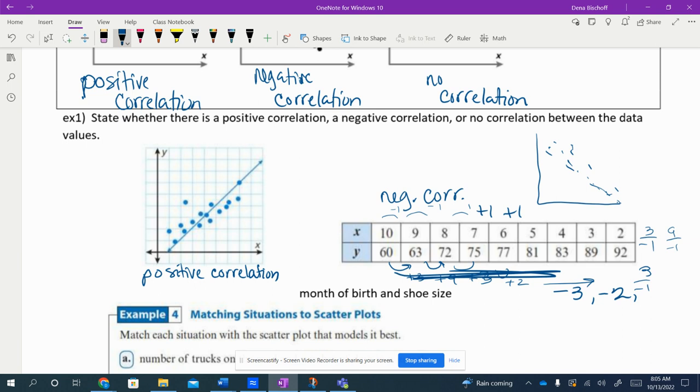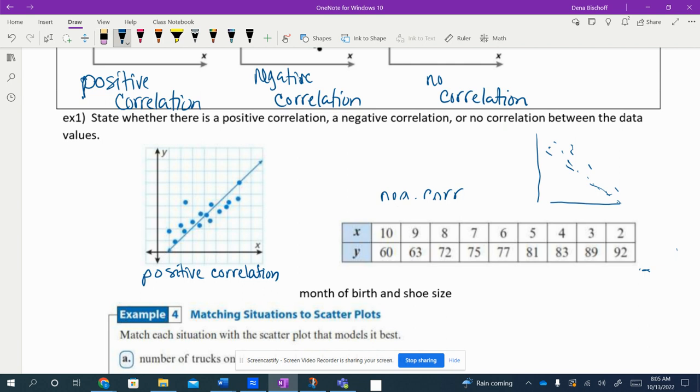So let me say again. I want you to understand what I just asked you. So we know that this has negative correlation because as x gets smaller, y gets bigger. So that's going to be a negative. X is getting smaller, meaning it's negative. Y is getting bigger, it's positive. That's what this graph shows.